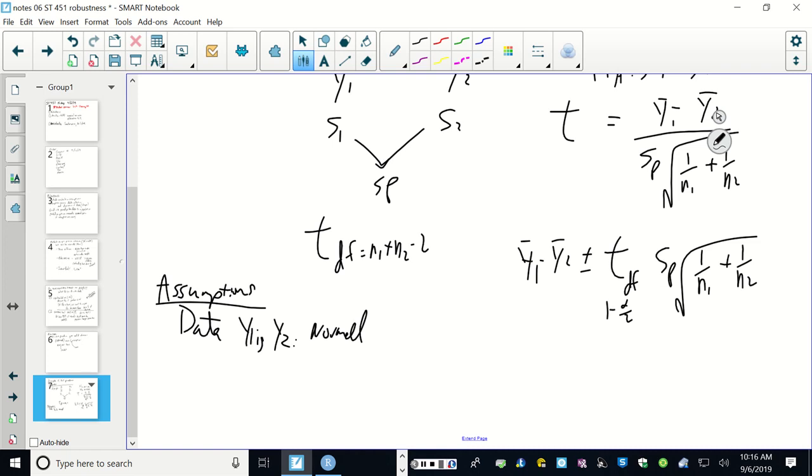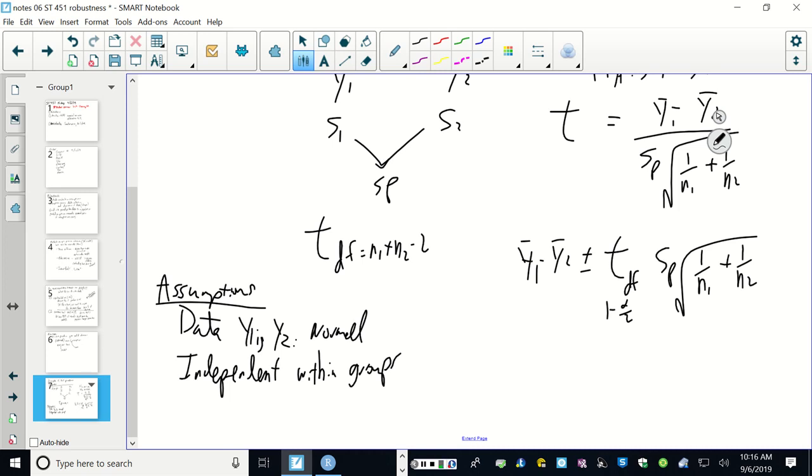Independent? Yeah, there's some independence. What's independent? There are independent measurements inside of each group, right? So the N1 observations are independent of each other, and the N2 are independent, within groups. To know something about that, you have to know something about data collection.